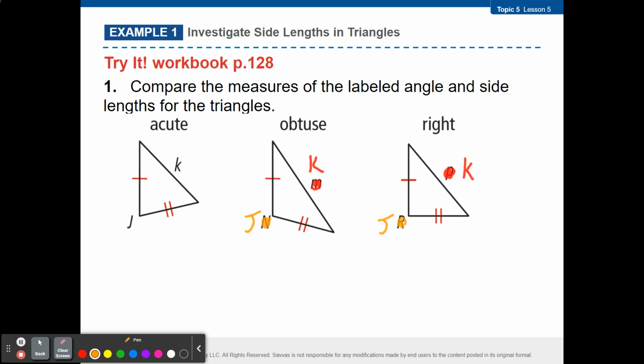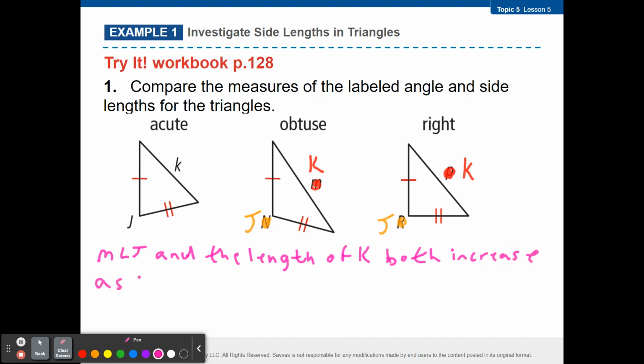So in this case, if I want to write this down a smidge more wordy, but with good information, I would state that the measure of angle J and the length of K both increase as the triangle goes from acute to right to obtuse.